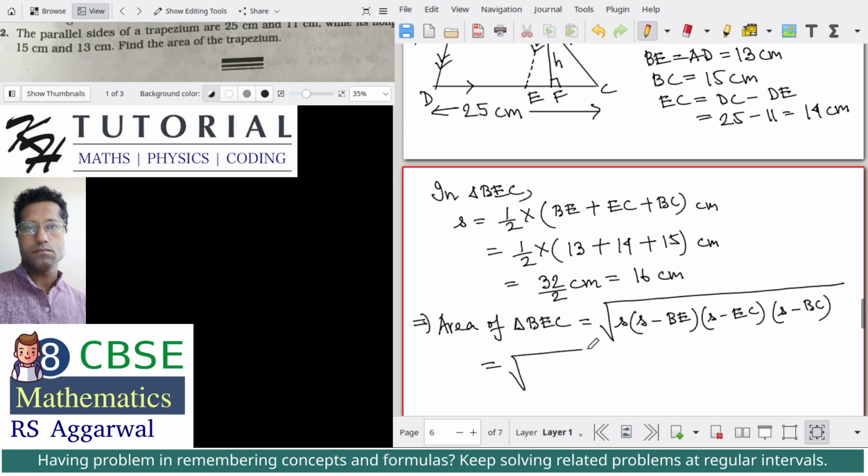This is equal to the square root of s, and we have s minus BE is 13, and s minus EC is 14, and we have s minus BC is 15.